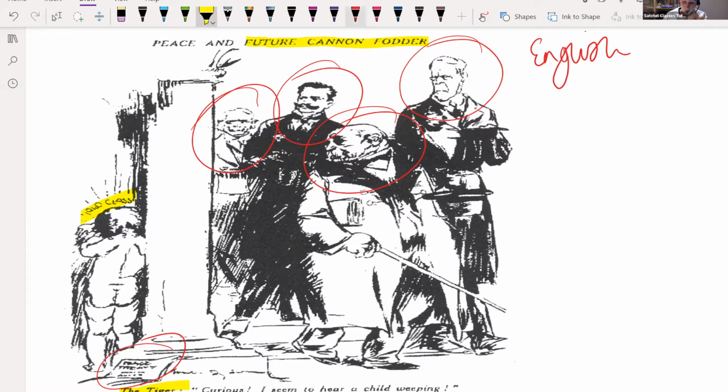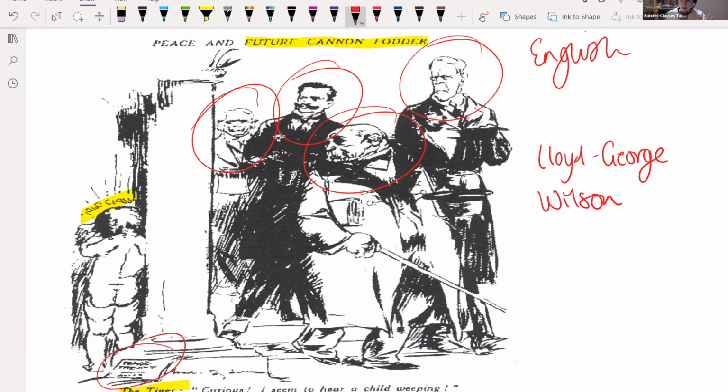We know that both Lloyd George of England and Woodrow Wilson did not like the Treaty of Versailles. They thought in its entirety it was too harsh, because they predicted that in 20 years' time it would cause a future war, as it was too harsh on Germany.